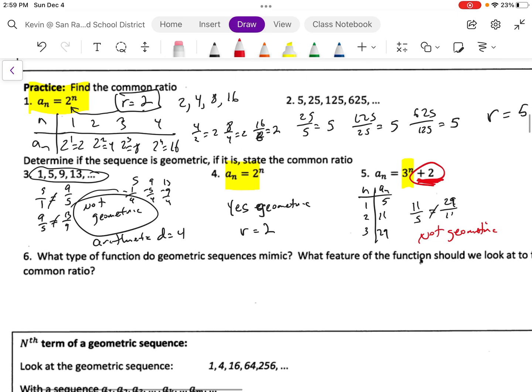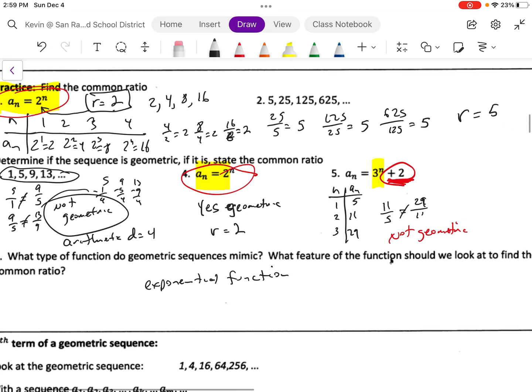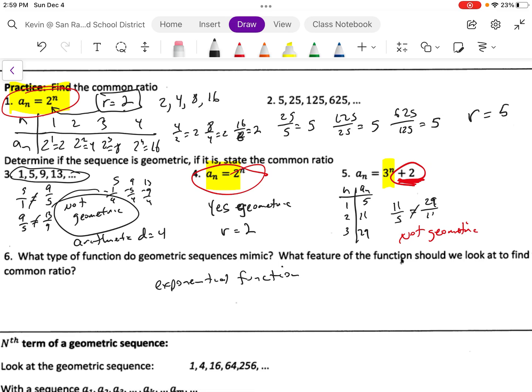This is saying, what type of function do geometric sequences mimic? The answer is it mimics an exponential function. It says, what feature of the function should we look to find the common ratio?